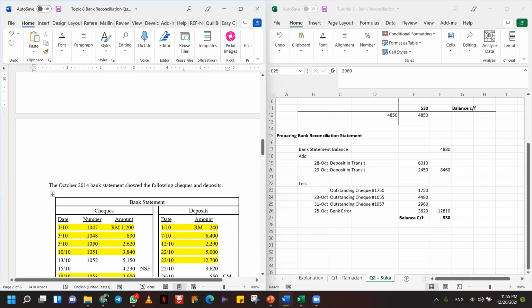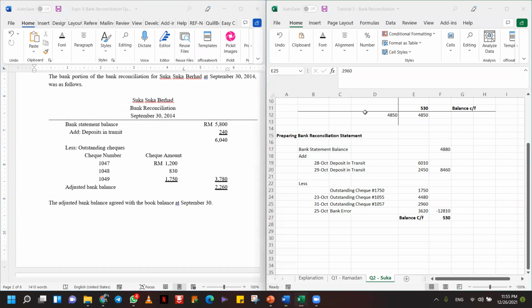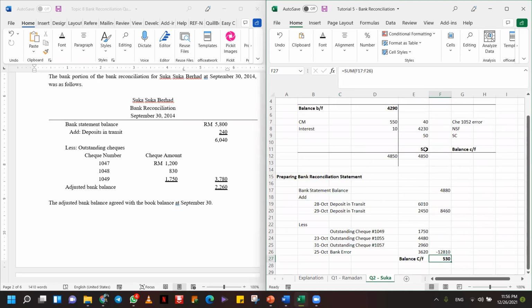It's 1,047, 48, and 49 is missing. So that needs to be deducted from the bank balance in order to incorporate that payment. So that is 750, and if you subtract all the outstanding checks from the bank balance, we get the adjusted bank balance of 530, and it matches with the adjusted cash balance of the cash book.